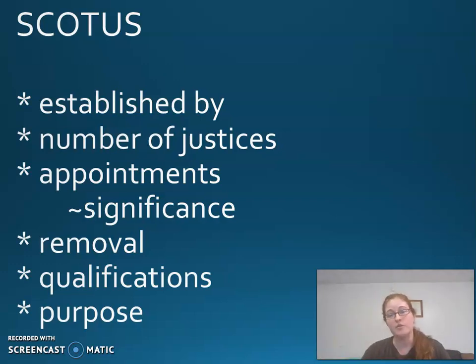The qualifications for the Supreme Court are very surprising. The qualifications for the Supreme Court are the same as for federal justices in the United States, and that is none. There are no qualifications whatsoever for you to meet in order to become a federal judge or a Supreme Court justice. I always like to say that if any student is appointed to a Supreme Court justice or a federal judge position anywhere in the country, before the semester's over, I'll give you an A for the semester.